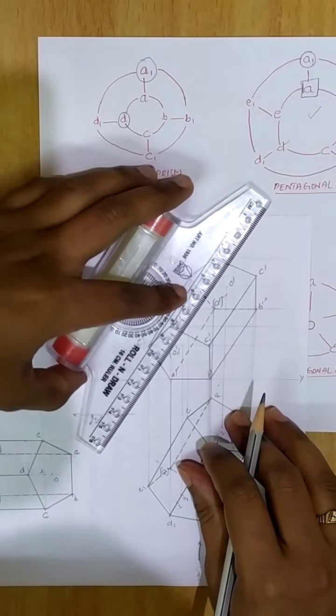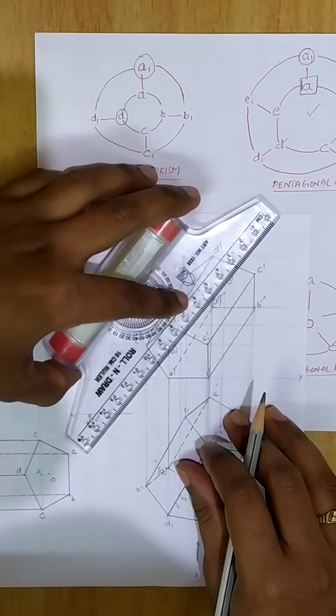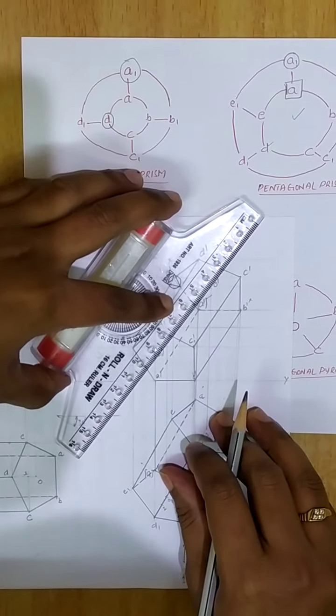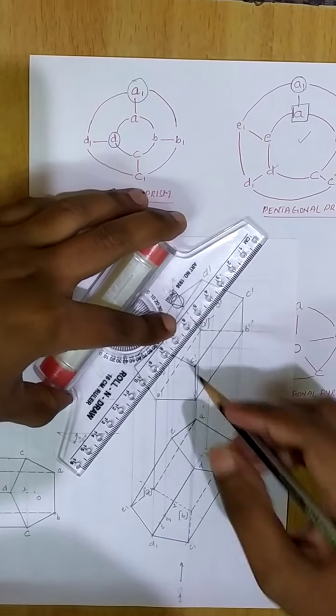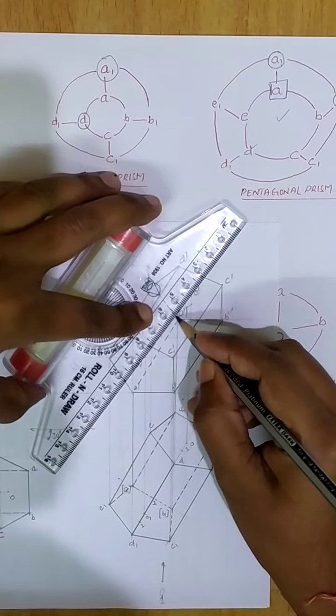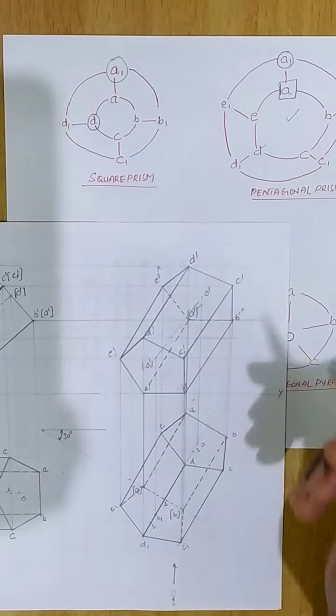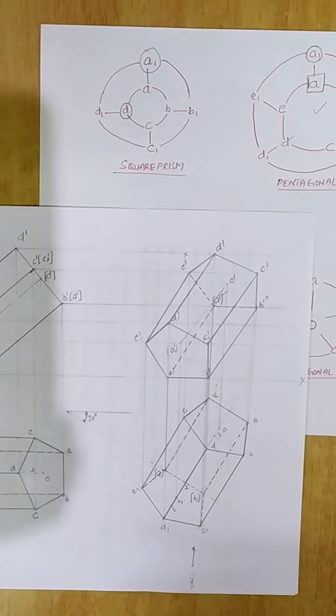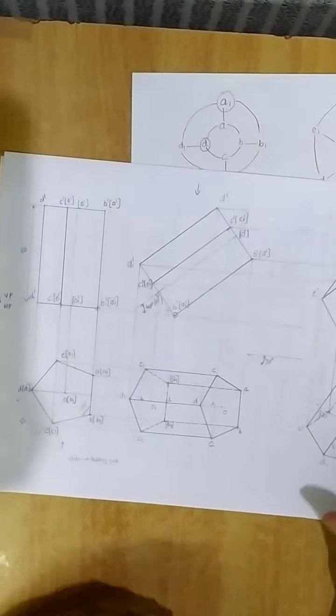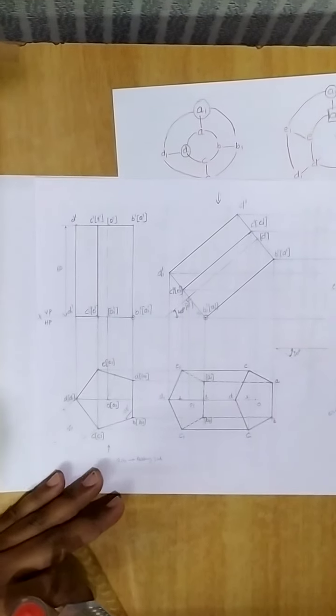You join this O dash and O1 dash as the axis itself. That should be drawn as a thin chain line. This is how we need to solve the problem. So this completes the solution for problem number 5. Thank you.